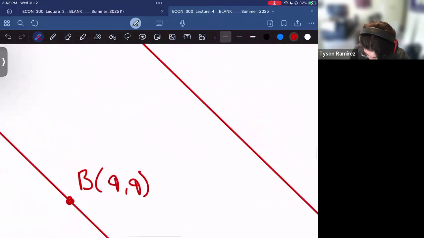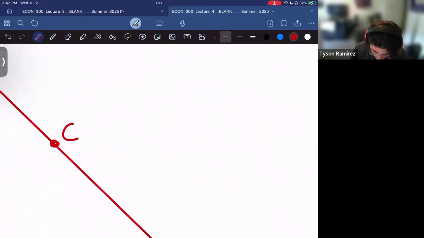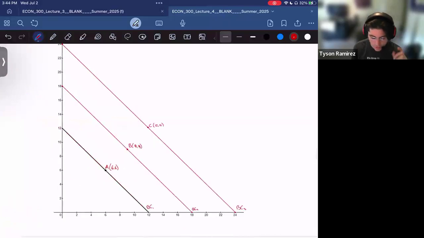Again, if we did the same thing, the utility maximization problem, but now went to budget curve 3, we call this C, and we plot this, and we find that the consumer would demand 12 and 12.